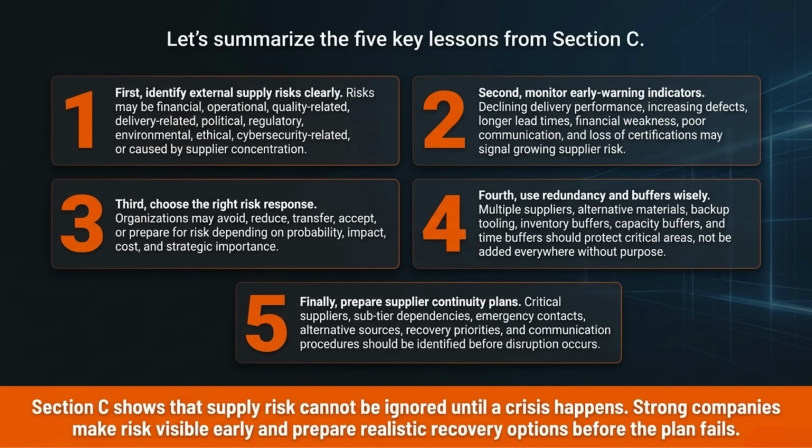Fifth, prepare supplier continuity plans. Critical suppliers, sub-tier dependencies, emergency contacts, alternative sources, recovery priorities, and communication procedures should be identified before disruption occurs. Section C shows that supplier risk cannot be ignored until a crisis happens. Strong companies make risk visible early and prepare realistic recovery options before the plan fails.